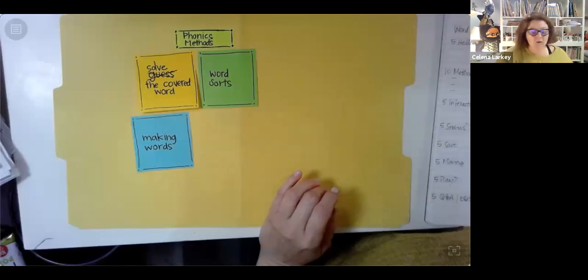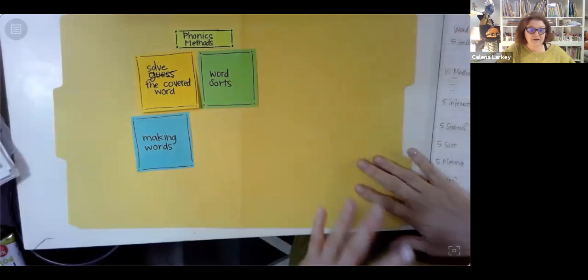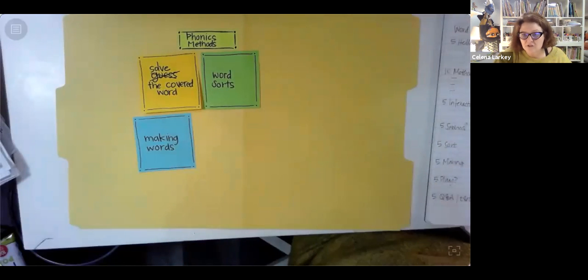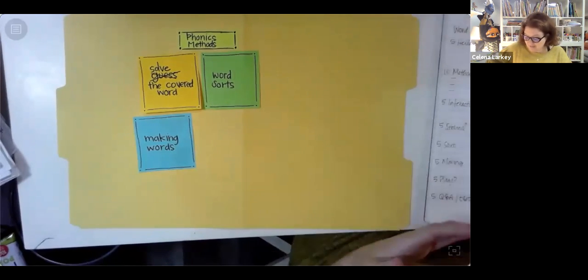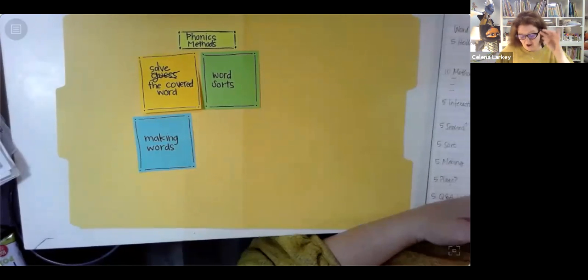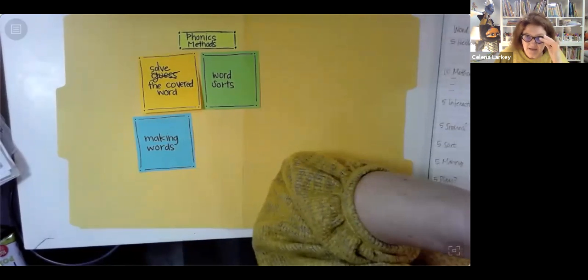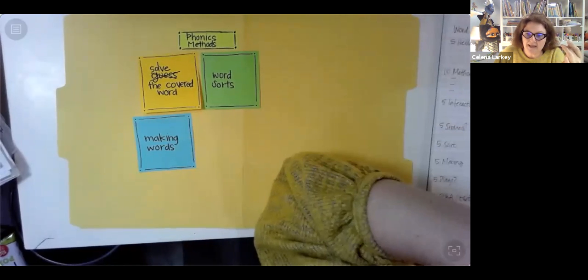Like if I were to walk into a classroom and saw kids doing it, I'd be like, oh, they're sorting, or oh, they're solving the covered word. They're making words or breaking words. The next 3 methods that I want to share with you are less easy to identify if I were to walk into a classroom.